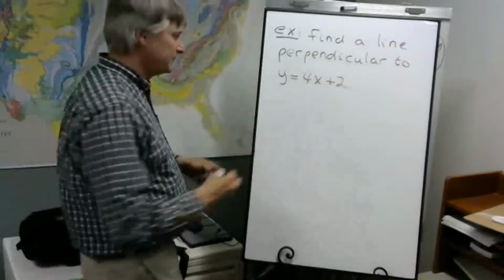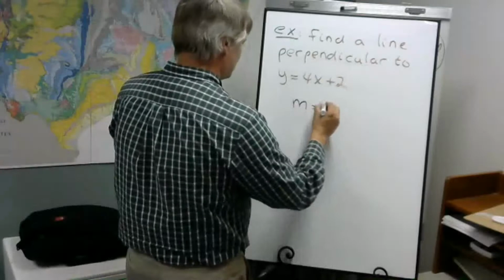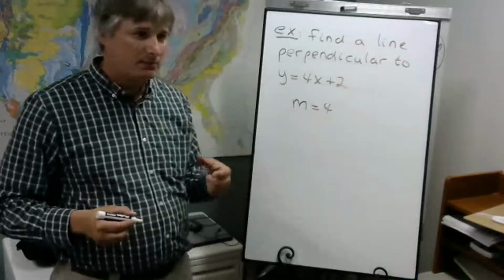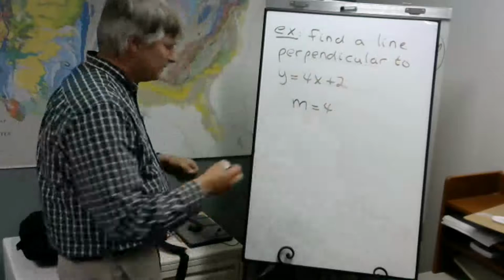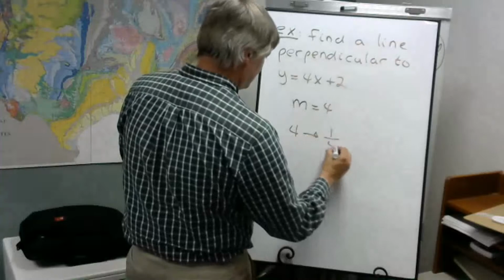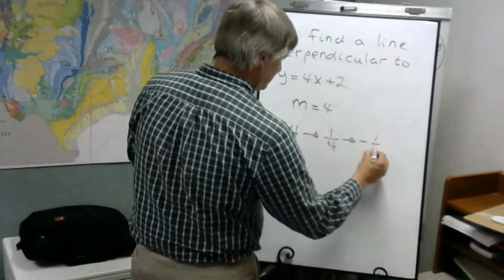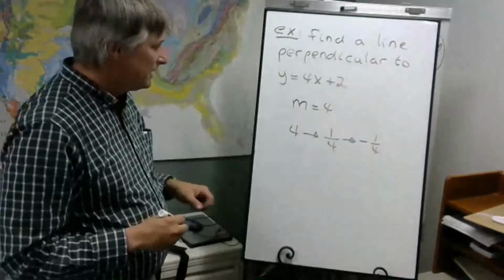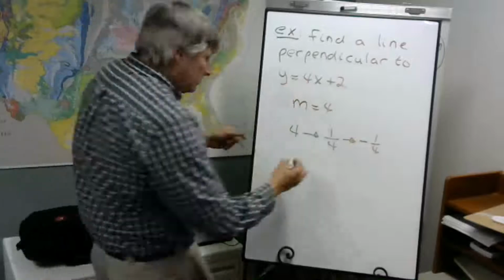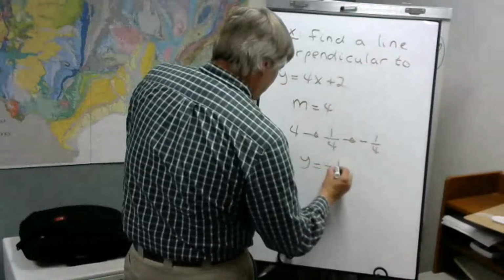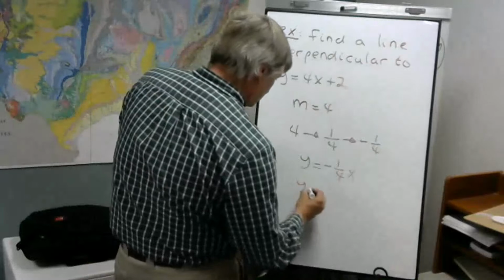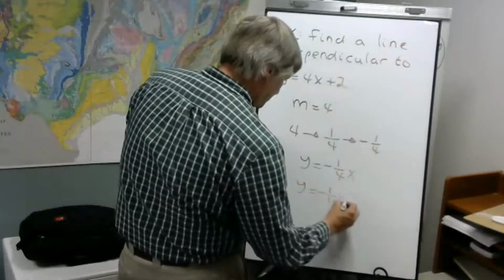So note that our slope is 4. So for a line that's perpendicular to this line, we need to modify this m into a perpendicular m. So we take m, which is 4, we flip it, then we make it negative. So any line with this slope will be perpendicular to that line. So you could say y equals minus 1/4 x. That'll work. Or we could do y equals minus 1/4 x plus 2.